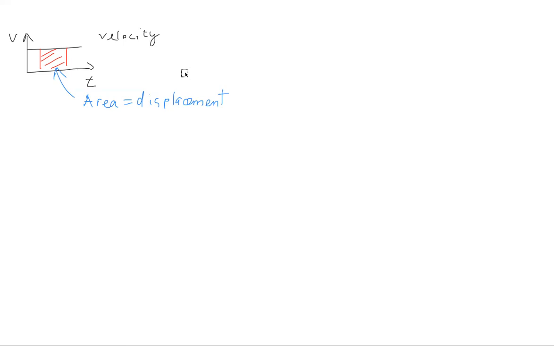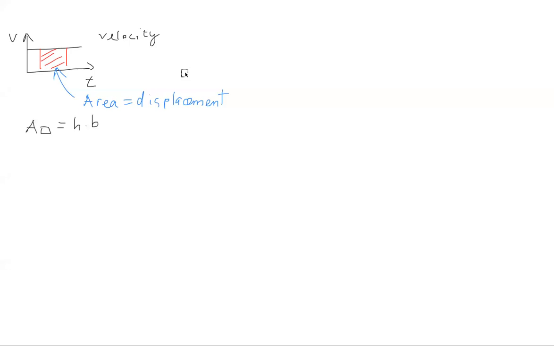So let's see. What kind of shape is that? In general, what does it look like? You can type the answer. Right, rectangle. So for the area of a rectangle, we know that the formula is height times base.